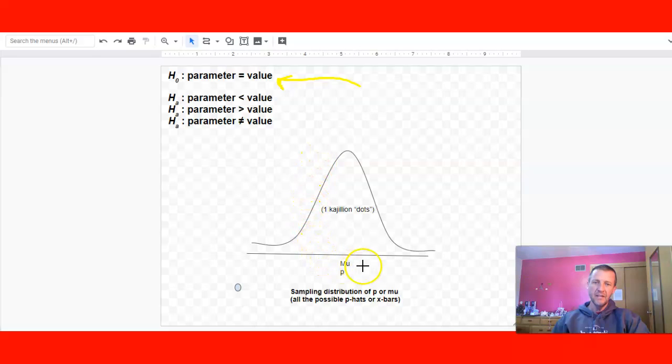If it fits in here somewhere, we fail to reject, and that parameter is probably legit. However, if we build this world based on this assumption and expect to be in here, but get a sample so far out here that you say, no way, that couldn't happen, we would reject the null hypothesis, and that would give us evidence that the true parameter is whatever the alternate says.